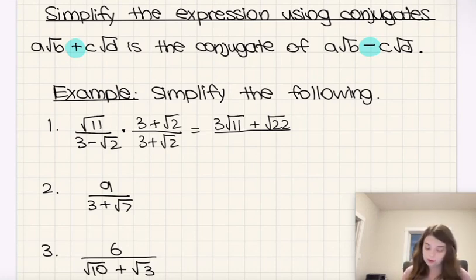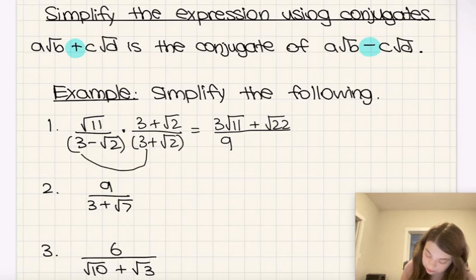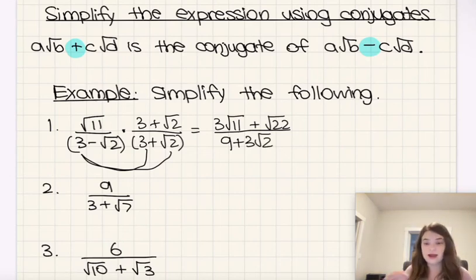Then in the denominator, we're going to use the FOIL method here. So we are going to get 3 times 3, which is 9. Then we're going to do outer, which is 3 root 2, right? So plus 3 root 2. And you might be thinking, oh, but there's a radical still in the denominator. But the great thing about the conjugate is once we do outer and inner, they always cancel each other out.